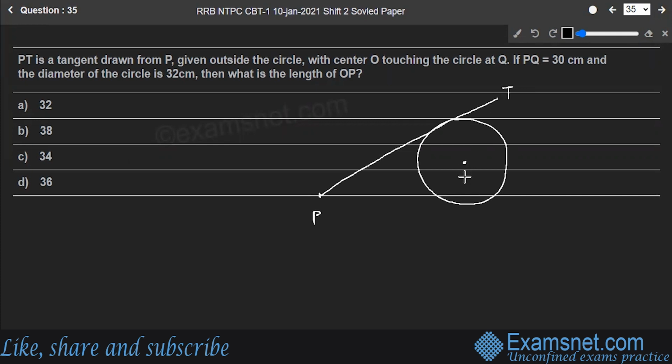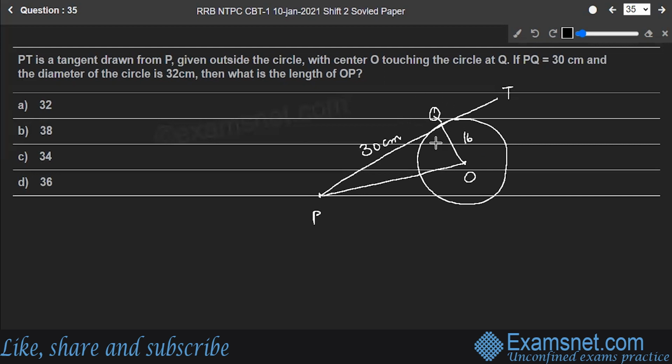Center of the circle is given by O. Now it's touching the circle at point Q. PQ is 30 centimeter. Diameter of the circle is 32. That means this is equal to 16. What is the length of OP? Okay, you have to find out this. Simple as that. Very easy question.